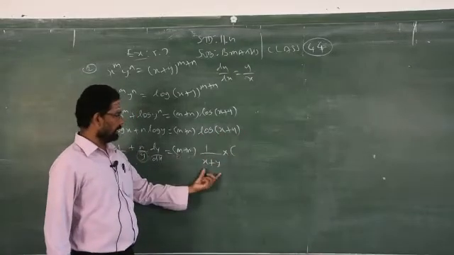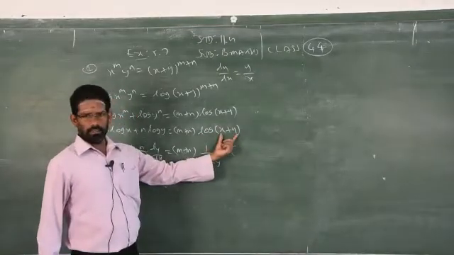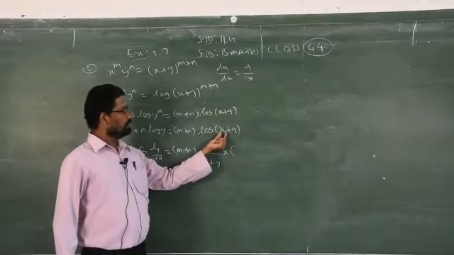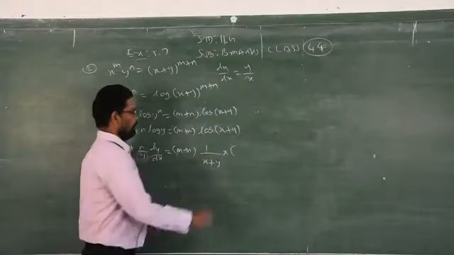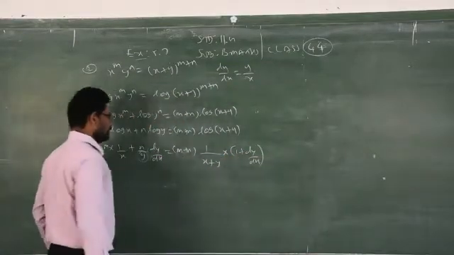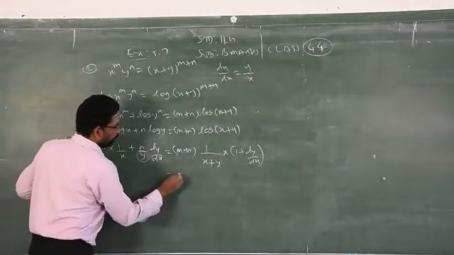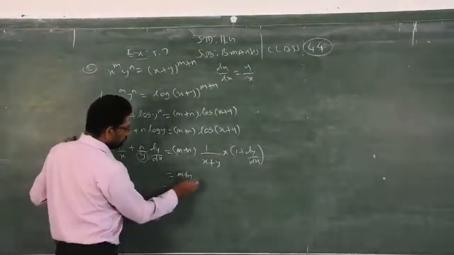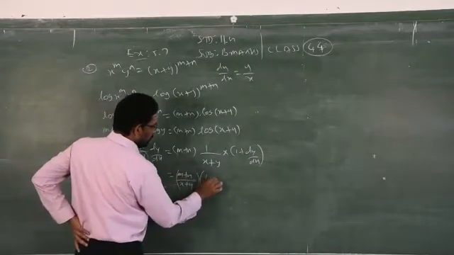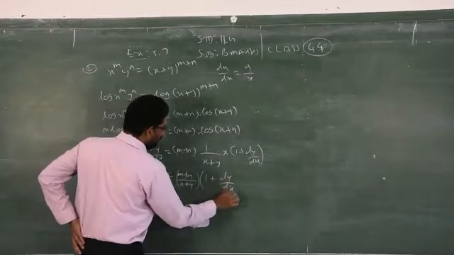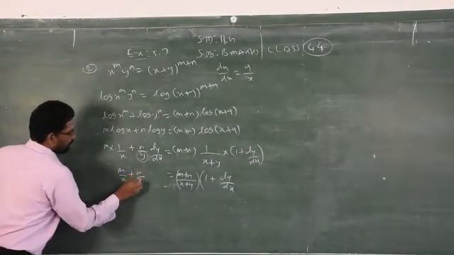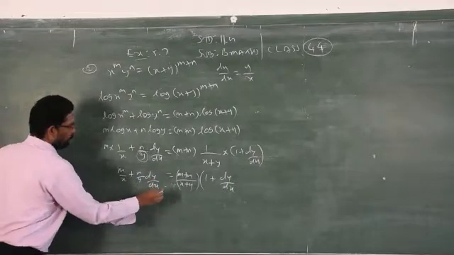For the logarithm, 1 by x, in the place of x what is given? x plus y. Whereas when you differentiate inside the bracket, x will become 1, y will become dy by dx. Clear? So m plus n by x plus y, that is 1 plus dy by dx. Here m by x, n by y, dy by dx.